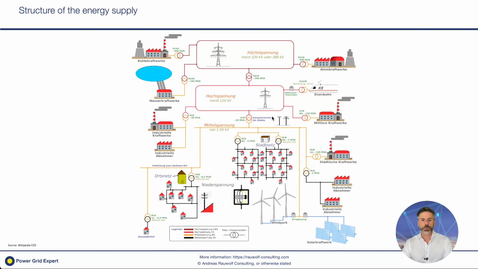Once we are in the region, we go via a transformer station, a substation, from the high voltage to the medium voltage, for example, from 110 to 20 kV. And in this transformer station, we have the feeders going out to the city, to the industrial zone.